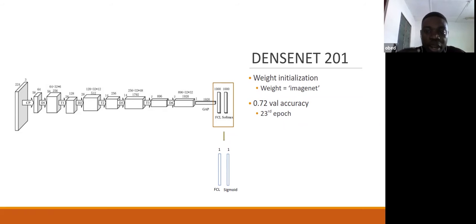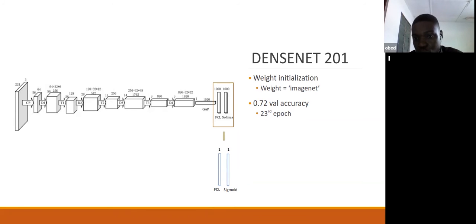And I retrained all the layers afterwards. So the first epoch, I initialized the weights using the ImageNet weights and subsequently trained all the layers. And after my 10th epoch, this model performed better than the VGG 16. It gave me a validation accuracy of 0.65.